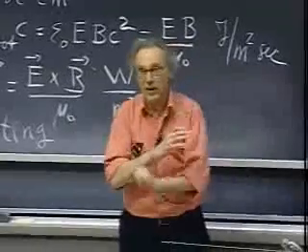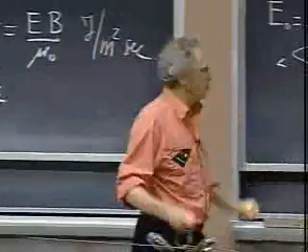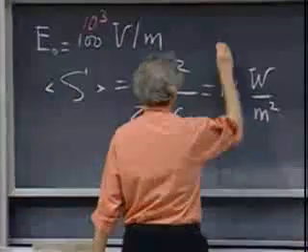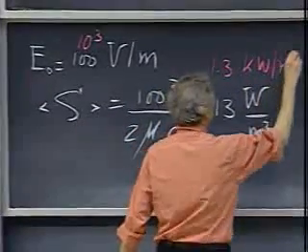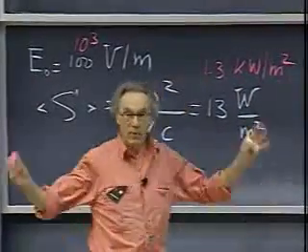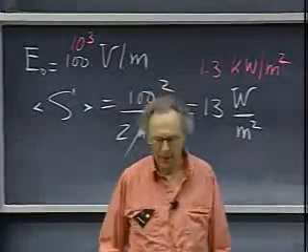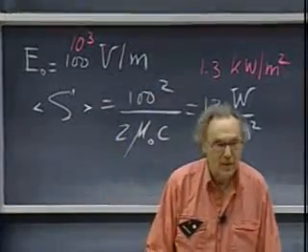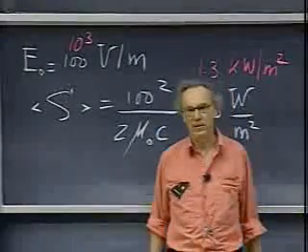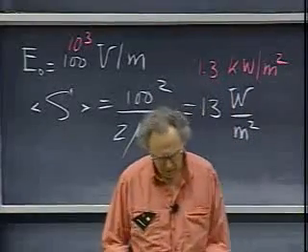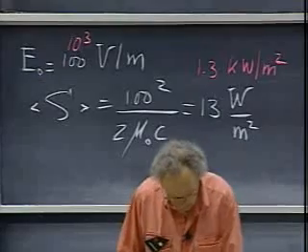So the Poynting vector, which is the product of the two, goes up by a factor of 100. So now you're talking about 1.3 kilowatts per square meter. And if you observe that on your body, believe me, it may fry you. Certainly if you do that out on the beach, you get a deep suntan. And if you do it long enough, then you can hurt yourself very badly.